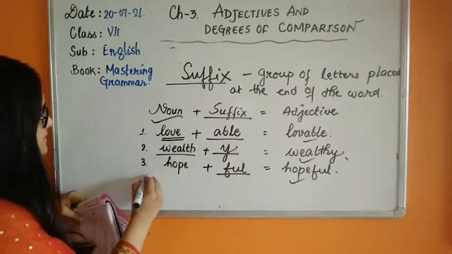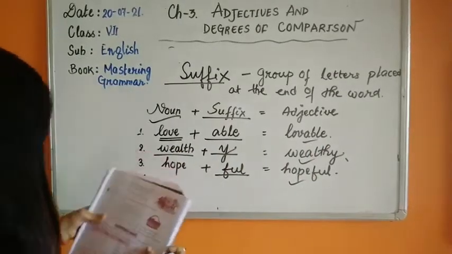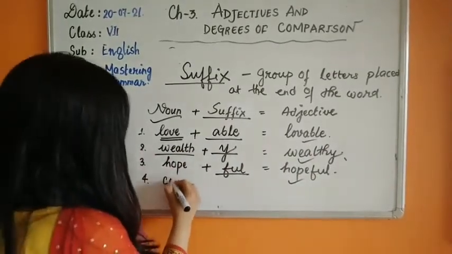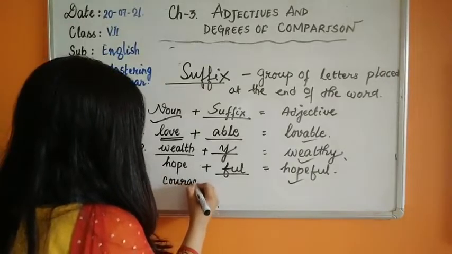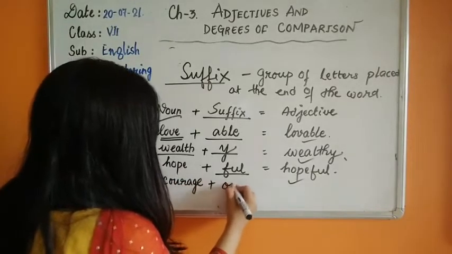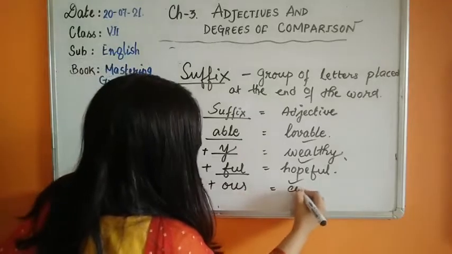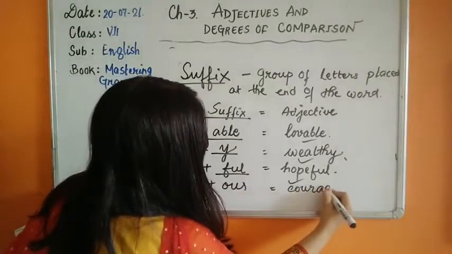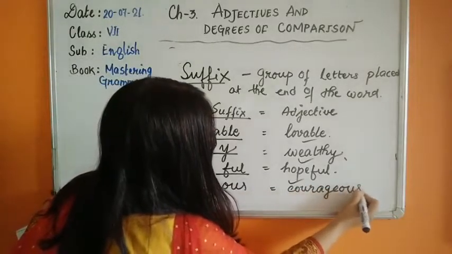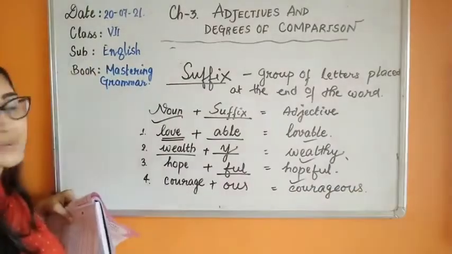Now number 4 is courage. Courage plus O-U-S becomes what? Courageous. You know, a courageous boy. So courageous is an adjective. So see, it was so easy.